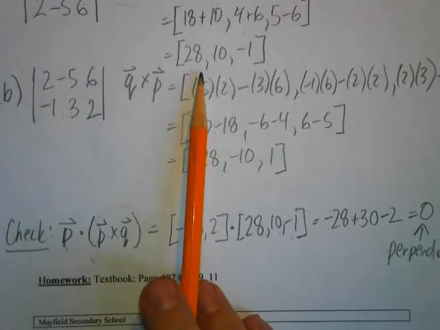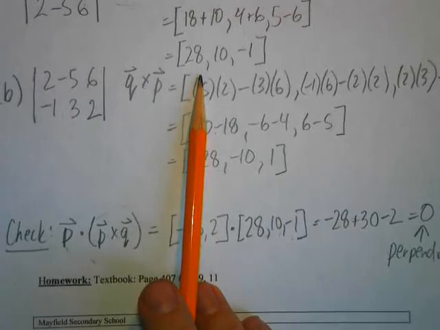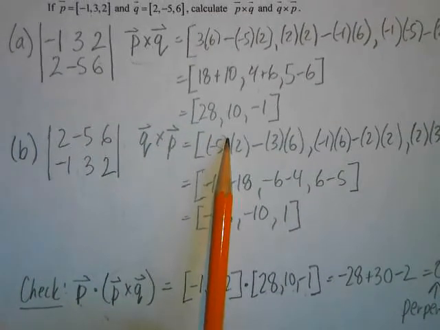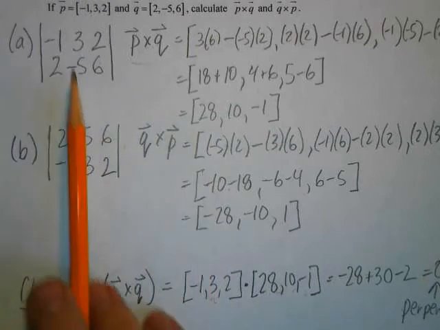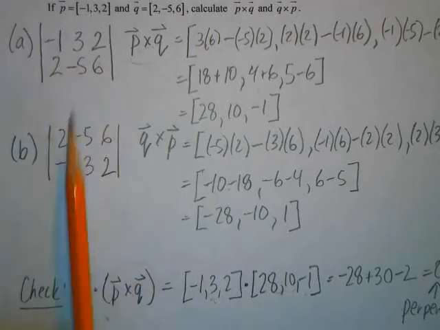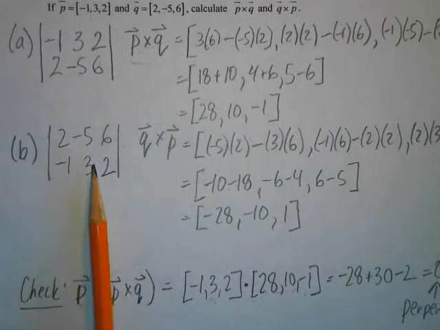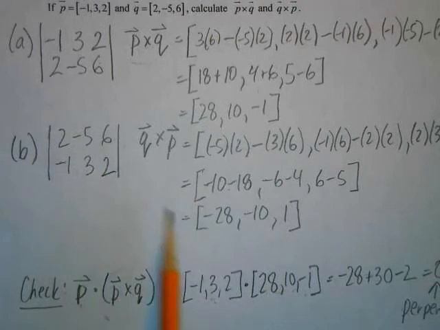I think once you've seen one, it's mainly just practice you need, to try to do this yourself. So I would recommend trying this array approach where you cover up the column of the component you're trying to get and do your subtraction of the cross multiplications and get your result that way.